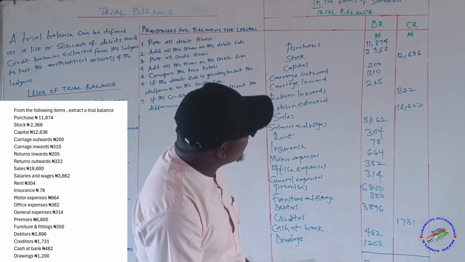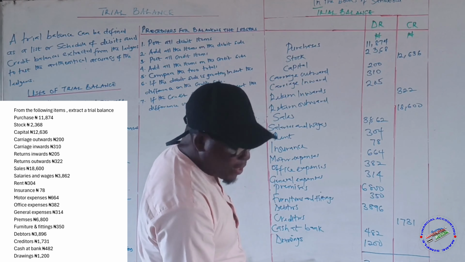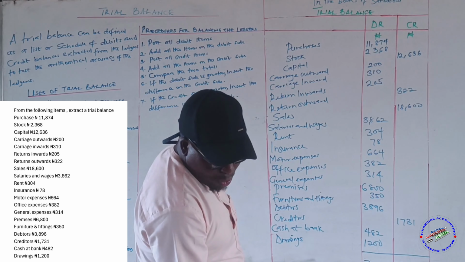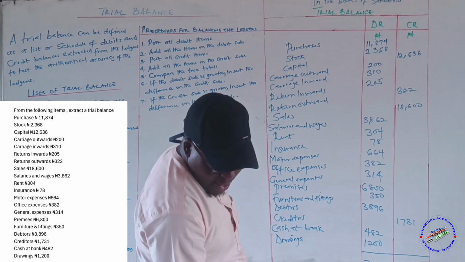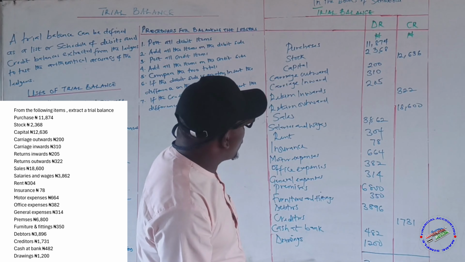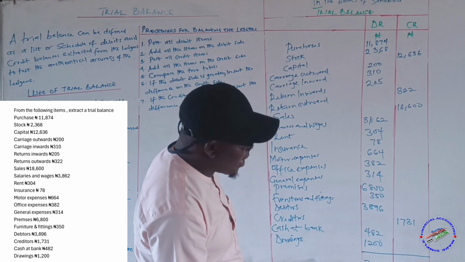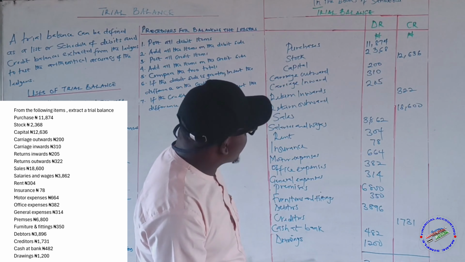So I will have to check back what I've added together and go through the figures that were given in the question. So our purchases is 11,874. Our stock is 2,368. Our capital is 12,636. Carriage outward 200. Carriage inward 310. Return inward 205. Return outward 322. Sales 18,600. Salaries and wages 3,864.